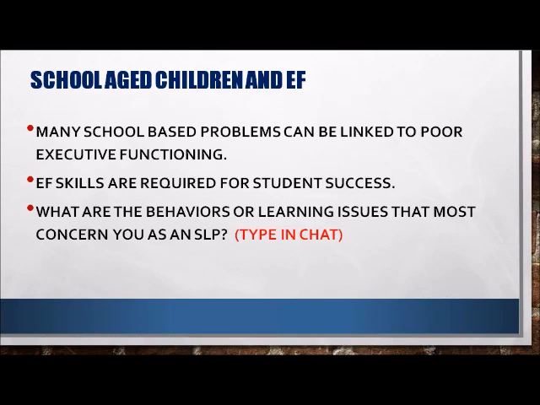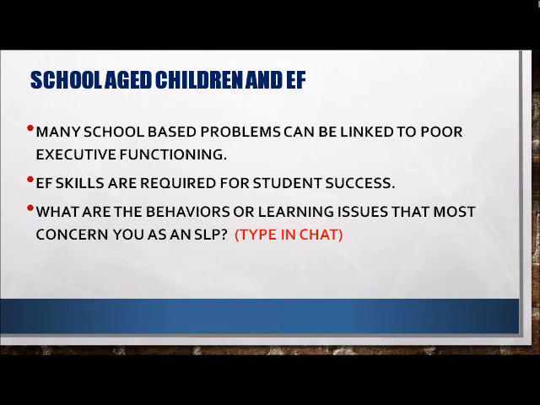Okay, and here's, I think that means executive functioning, but I don't know why it got cut off. The picture probably moved. But there's a view of where all the centers are for executive functioning. We see a lot of these school-based problems can be linked to poor executive functioning.